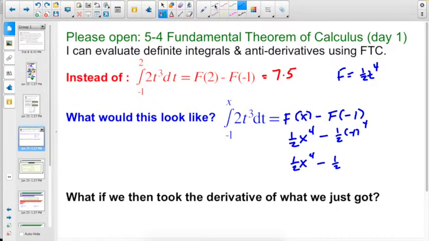So really what we're saying here is we're starting this accumulation of regions at -1. So here's -1.